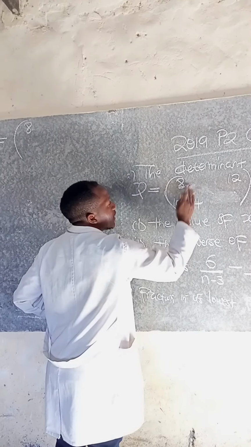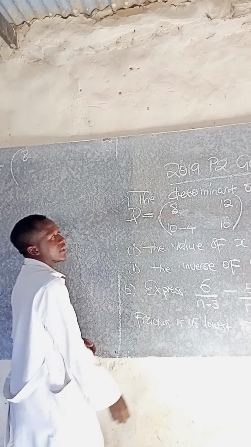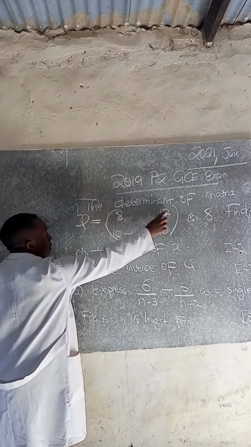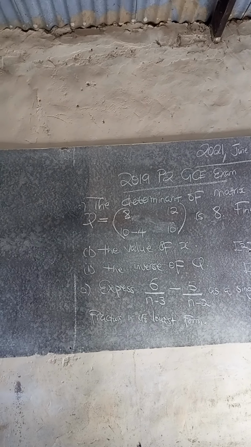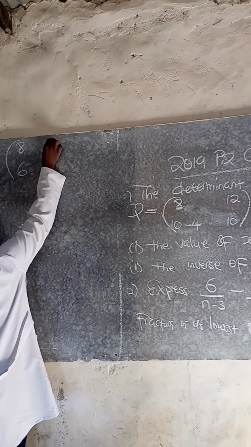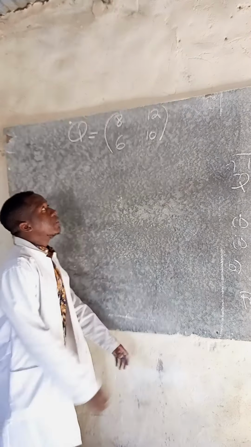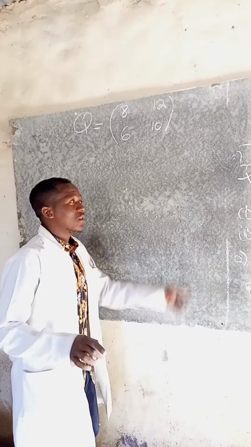Then, since this is just x, it's just going to become a 10. So this is 8, then 10 minus 4, 6, then this will be a 12, this will be a 10. So you are going to have a 6, then a 12, then a 10. This is how complete the matrix was supposed to be without variables.